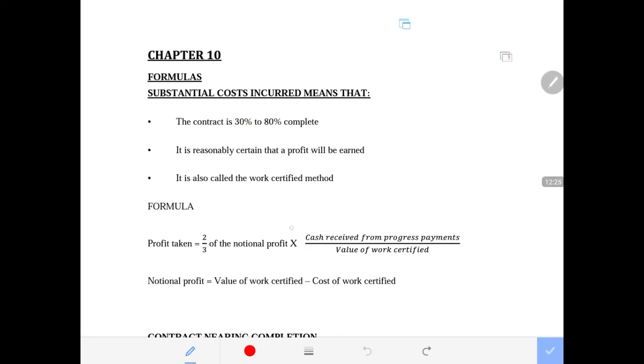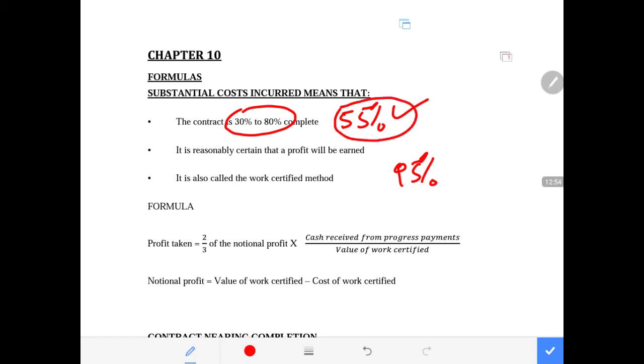So in other words, use the work certified method to calculate the profit. But in the next question, question 10.9, we first have to determine the degree of completion, meaning determine whether the project is at 55% complete, or is it at 95% complete. Then the minute you determine the degree of completion, you'll be like, okay, if the project is 55% complete, then we use the work certified method.